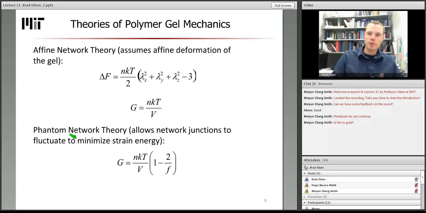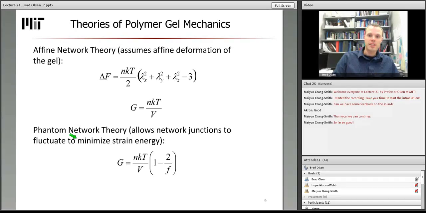When we deform this network, we assume that all of the molecules deform according to the macroscopic applied deformation. So essentially all of the molecules move with the bulk material without any internal relaxation of the position of network junctions. This is what we mean when we say affine deformation of the material.